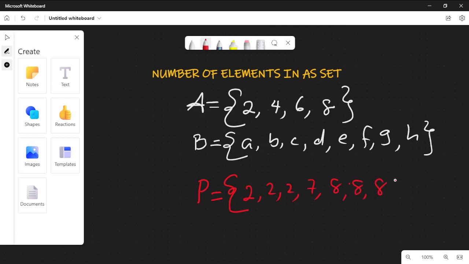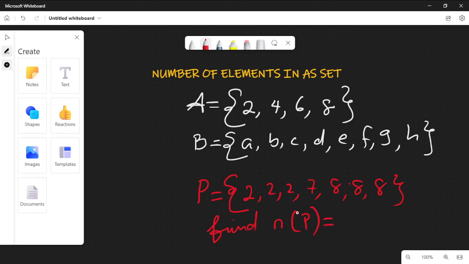If this is what I have as my elements, and the question says: find the cardinal of P.